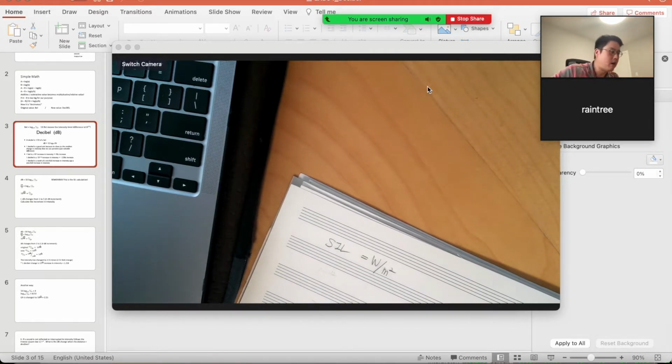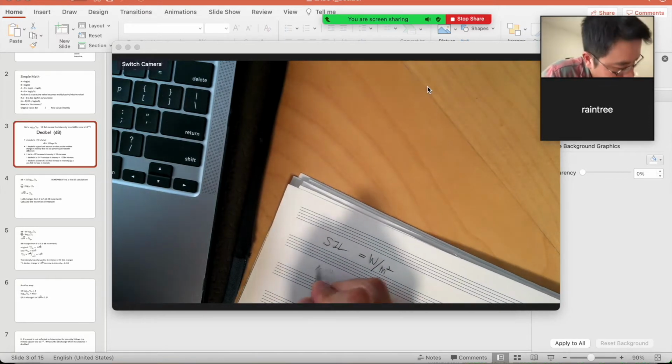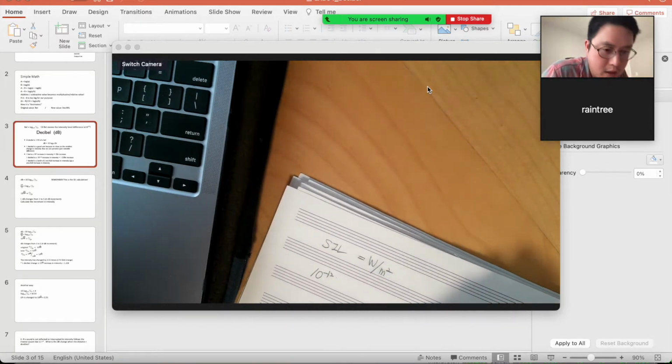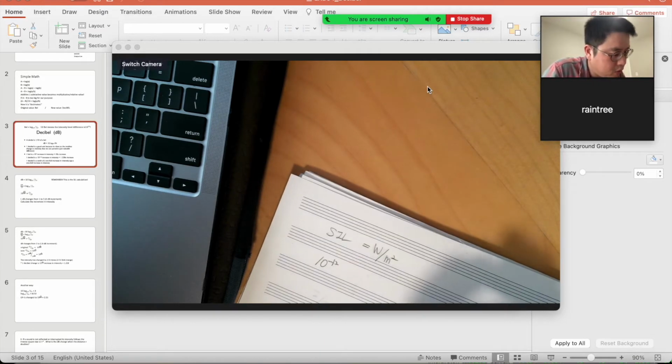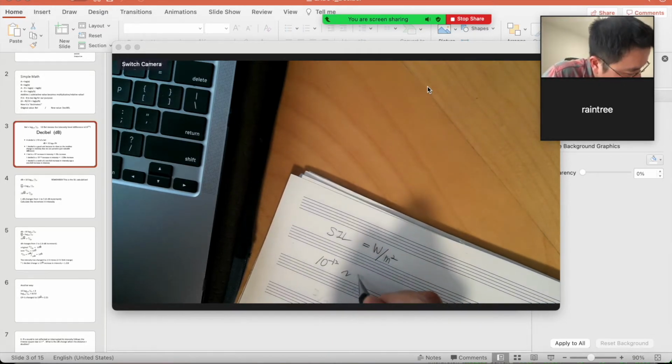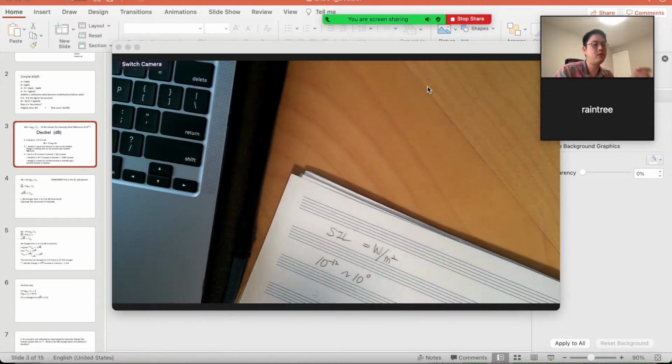And then the range of the sound intensity level that our ear can detect is really vast. For example, it can detect from 10 to the minus 12 watt per meter square to 10 to the zero, like 1 watt per meter square. Let's assume that is the loudest sound intensity level that our ear can detect.